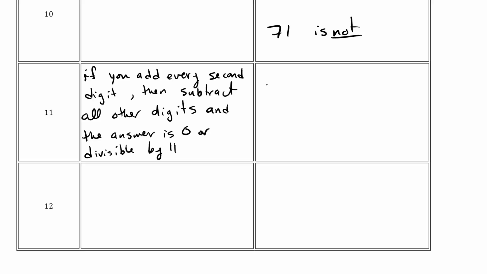So the example here would be 1364. I'm just going to highlight every second digit here. So we have 3 and 4, and we have 1 and 6. So the way that I would do this is I would say 1 plus 6 minus 3 minus 4, that's 0.